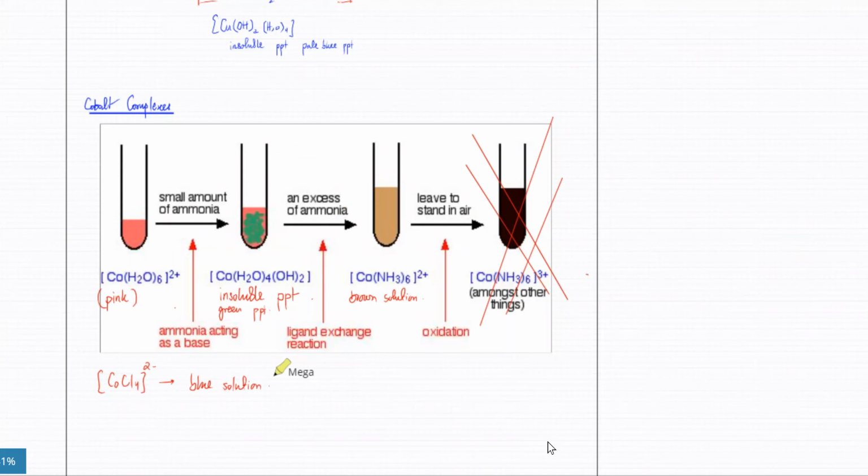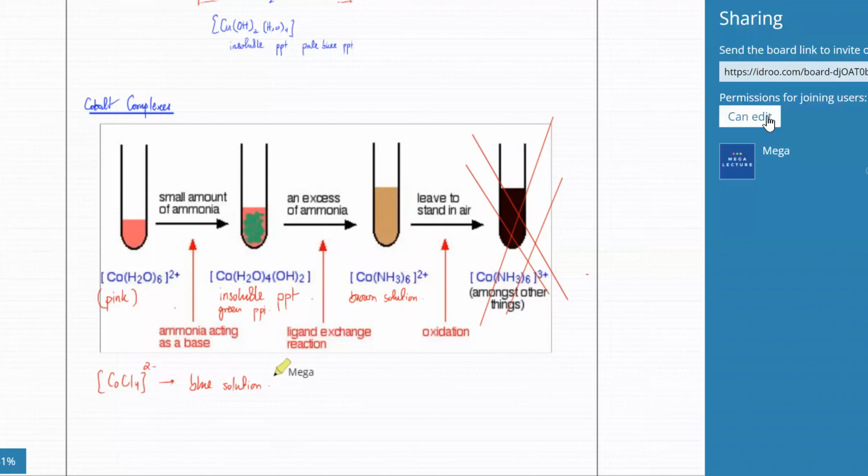Is this clear? Yes, sir. What I'll do is, it's on this board. Just a second. I'll send the notes over here.